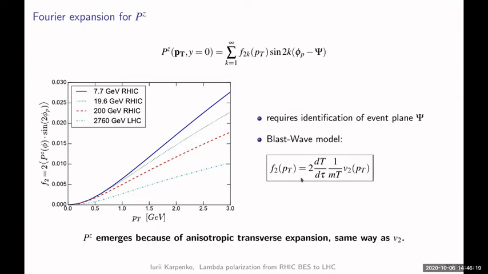So that was a very simple formula which links, in a simplified case, the amplitude of longitudinal polarization to the elliptic flow. So that's very simple and elegant.